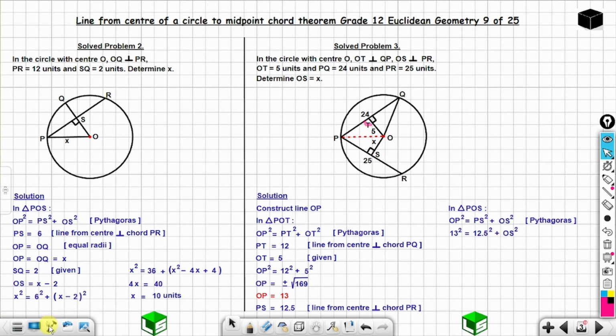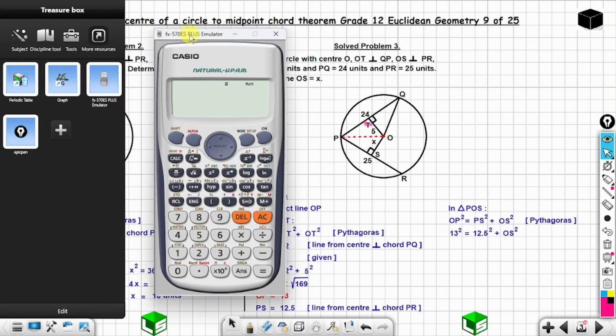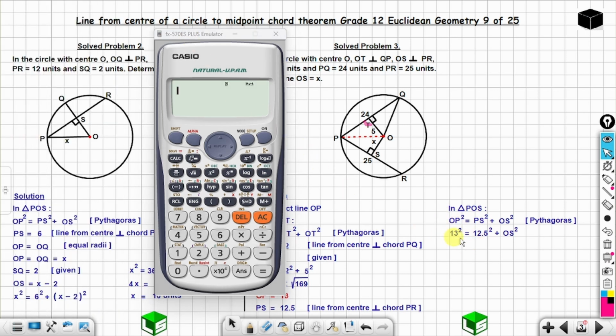Let me use my calculator. When you transpose 12.5 square to the left side, you have 13 square minus 12.5 square, which is equal to OS square.